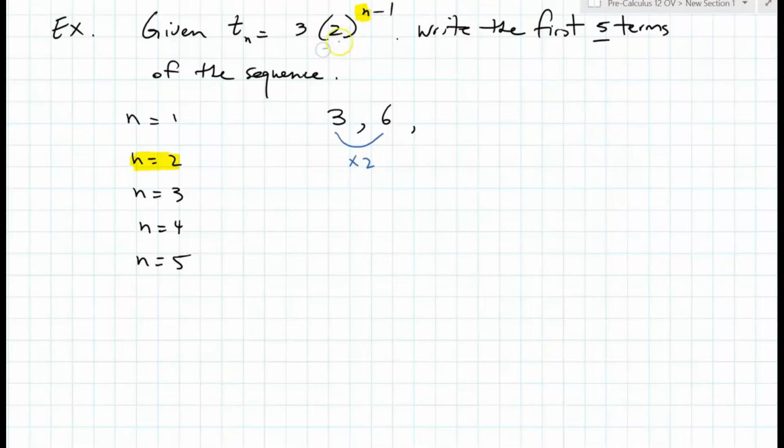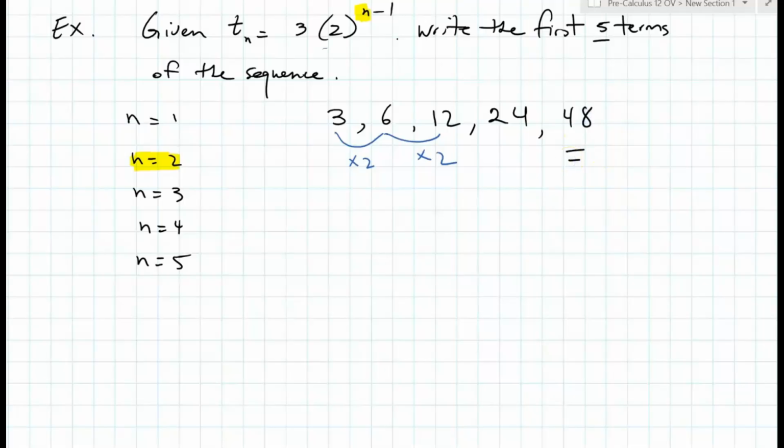And then in this case it would be 2 to the power of 2, 4 times 3, that would be 12. So yes, we got it, and you just keep multiplying the next term by 2, and then you get the final answer. So that's 24 and then 48.